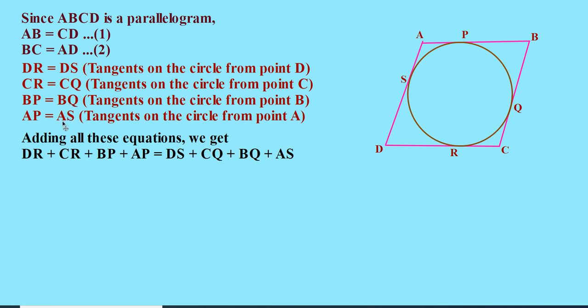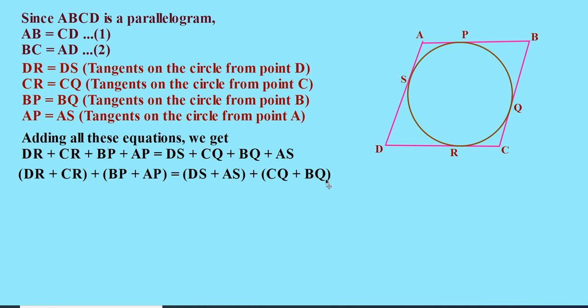Now take DR and CR together, similarly AP and BP together. On the other side, DS and AS together, and CQ and BQ together. So we write DS plus AS plus CQ plus BQ.